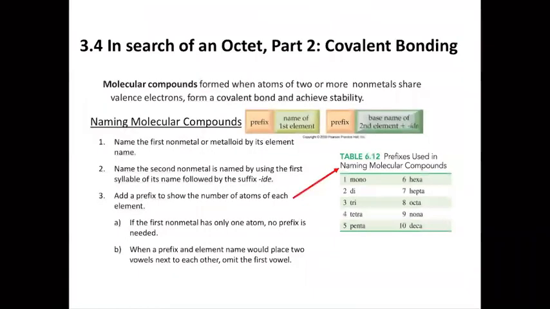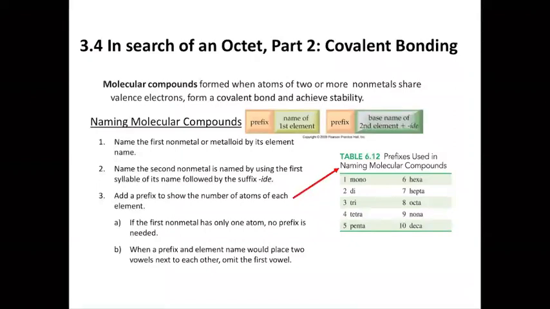Then let's move on to the next class of compounds, which is in section 3.4. We're going over covalent bonding, okay? So covalent bonding comes from the idea that we are going to have two or more nonmetals share electrons via a covalent bond.